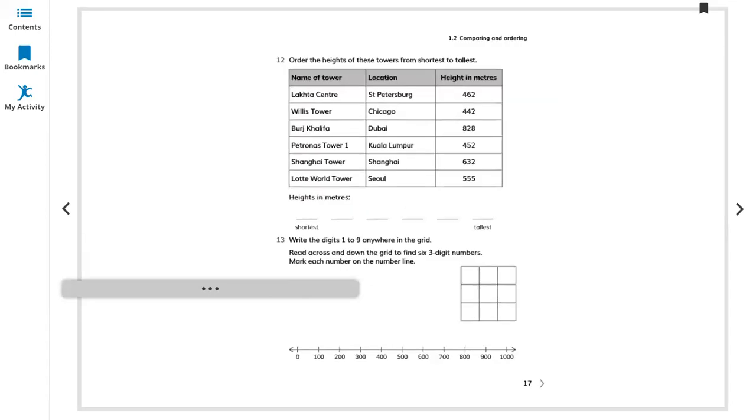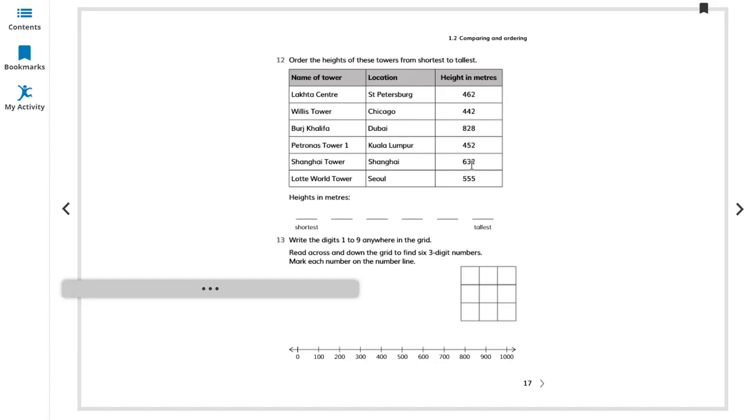order the heights of these towers from shortest to the tallest. So shortest to the tallest. So this one, starting from highest, is 442 or 450 or 452.